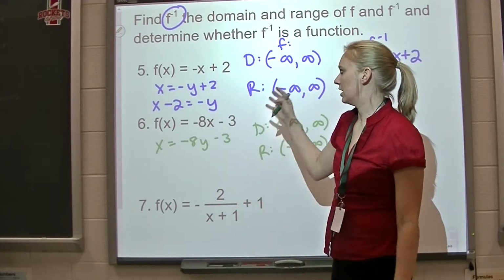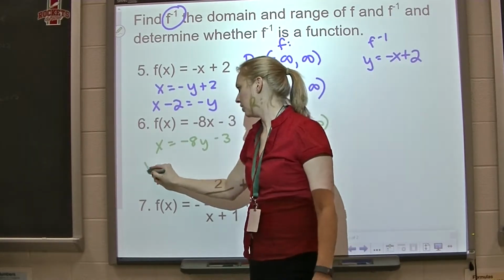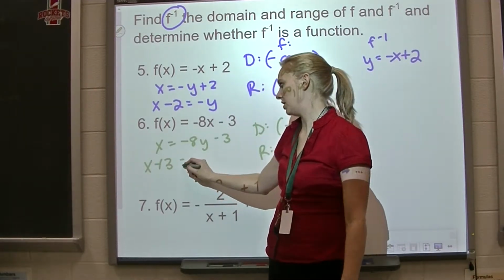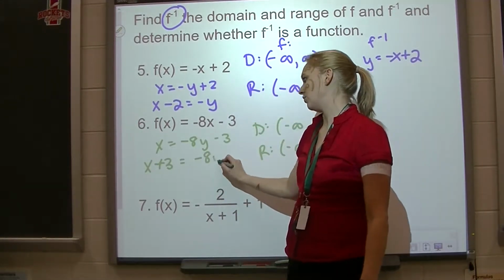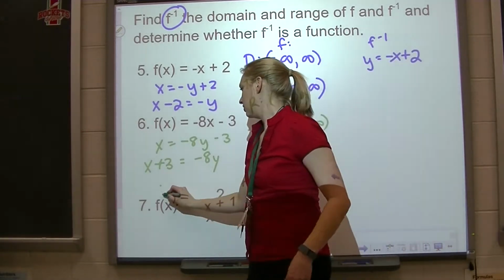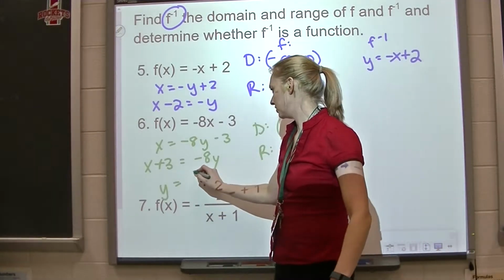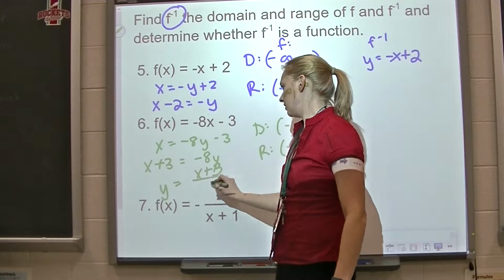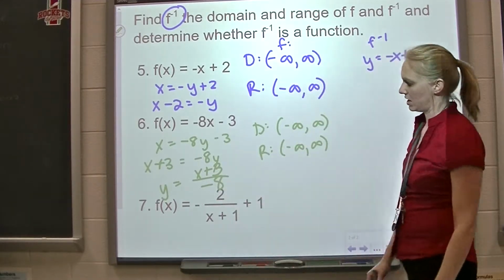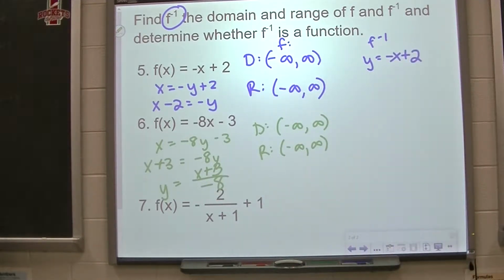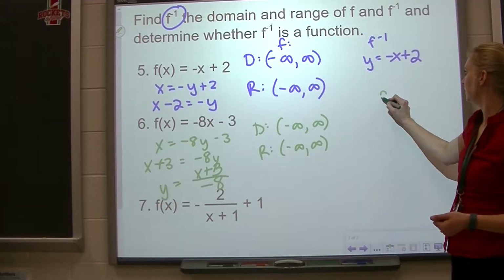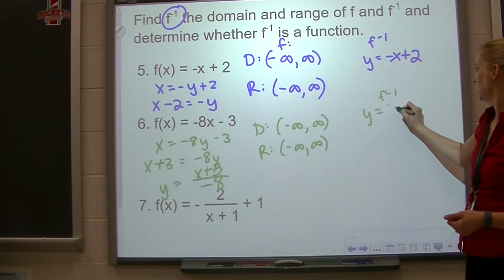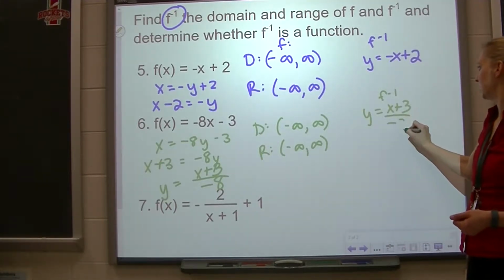So here we can add the 3, so we'll have x plus 3 equals negative 8y, divide by negative 8. So y equals x plus 3 divided by negative 8. So that is our inverse function, x plus 3 over negative 8.